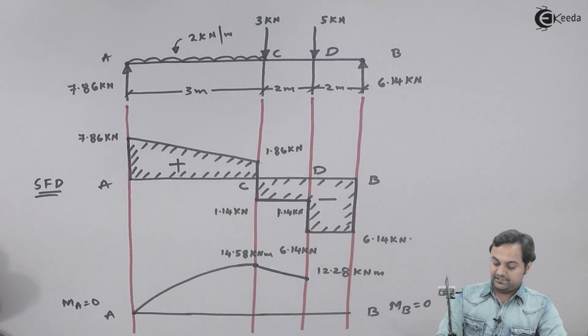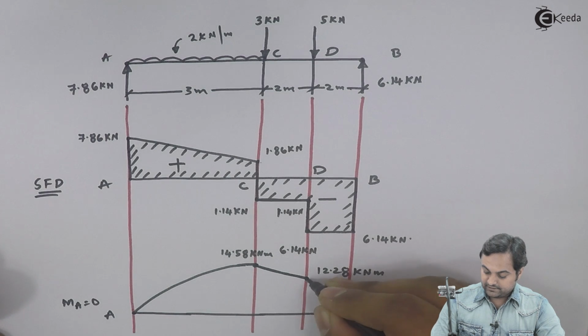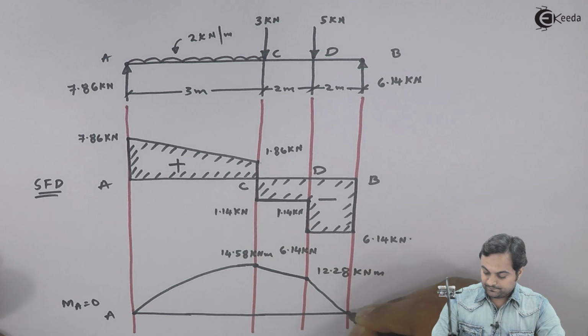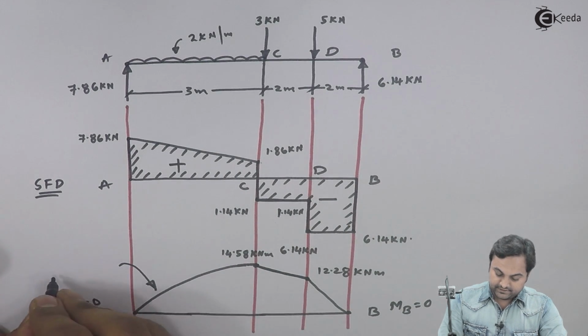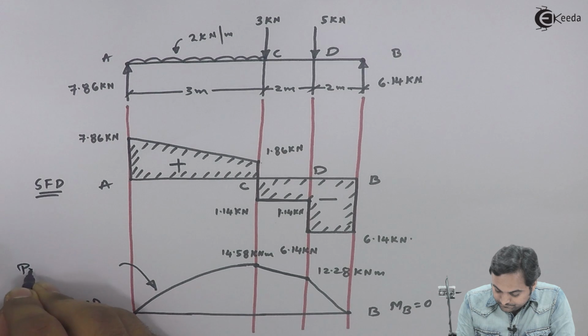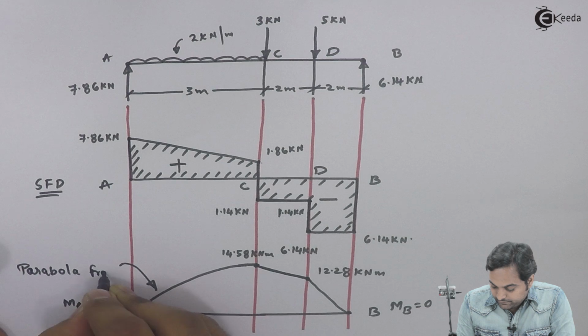Again, between D to B there is straight line in shear force diagram. In bending moment diagram it should be an inclined line. So here I'll say that it is a parabola from A to C.